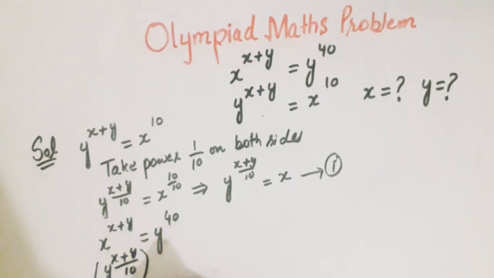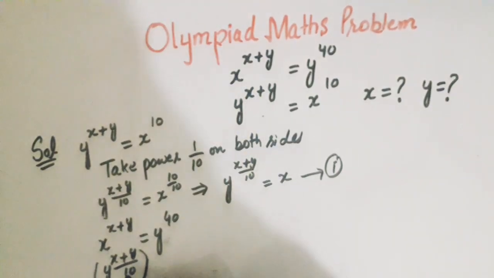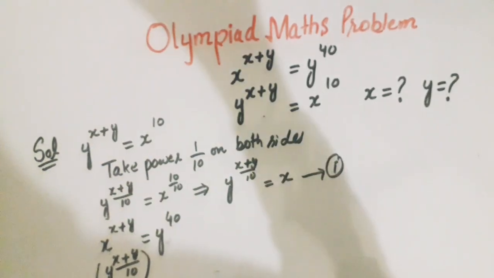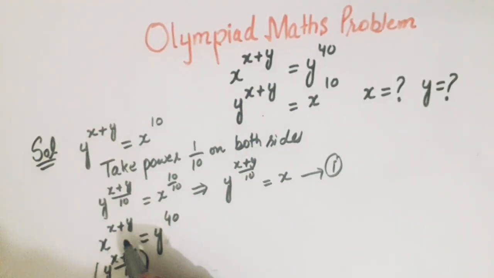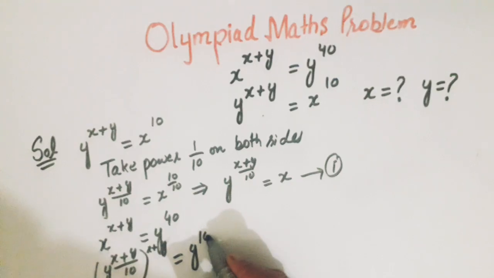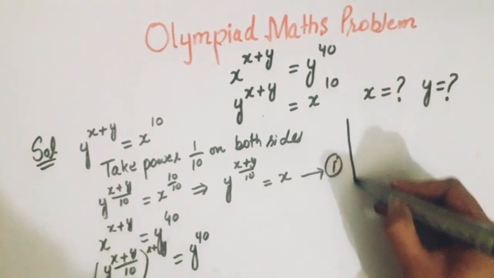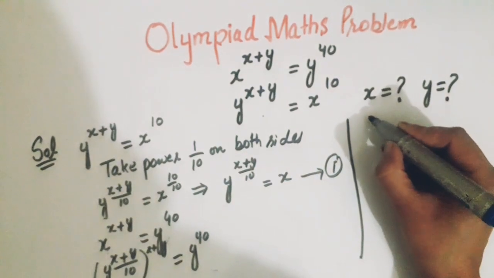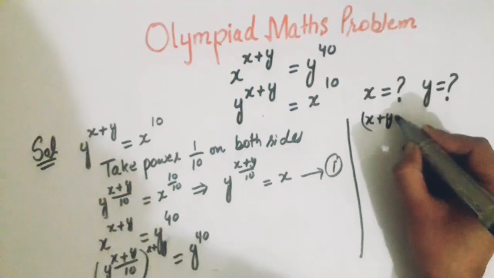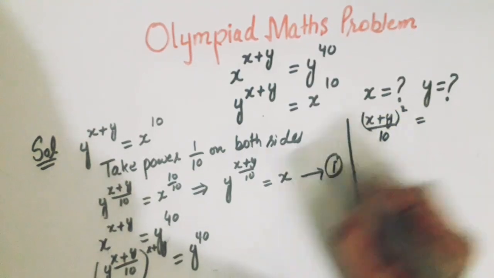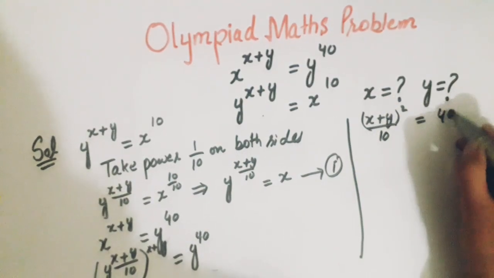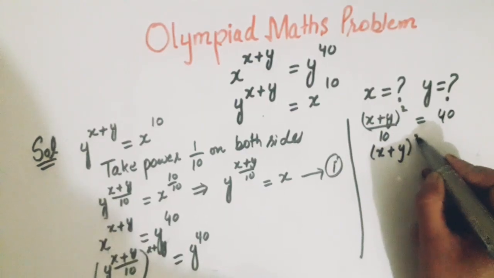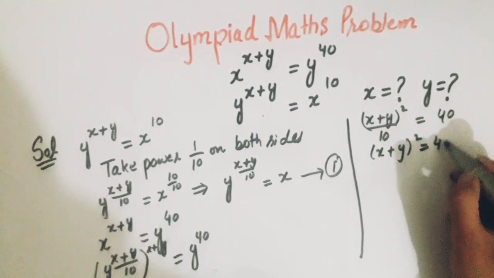In place of x, we will substitute the value of x, so that equals x plus y multiplied by x plus y, and that equals y raised to power 40. Now when the bases are same, y and y, we will equate the power, that x plus y whole square divided by 10 equals y raised to power 40. Now x plus y whole square equals 10 multiplied by 40, which is 400.